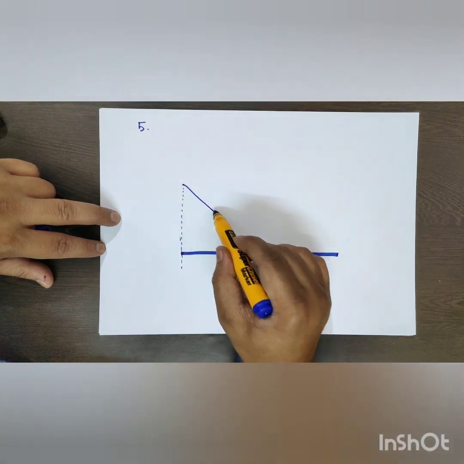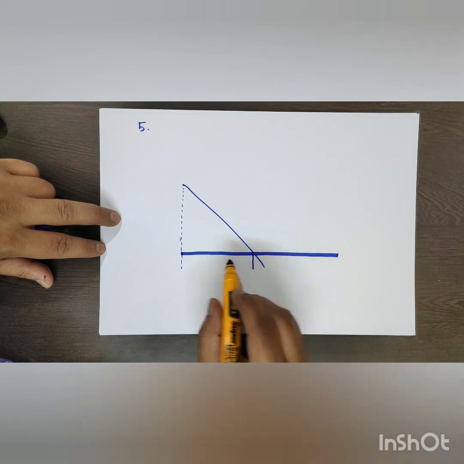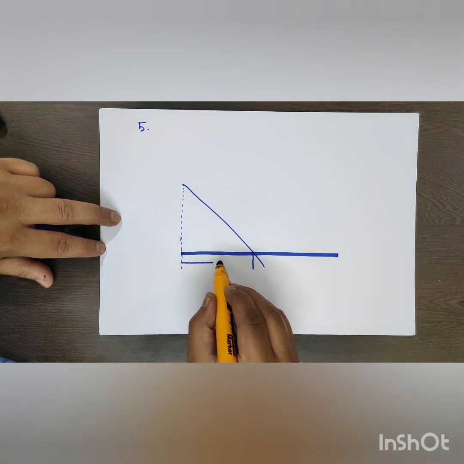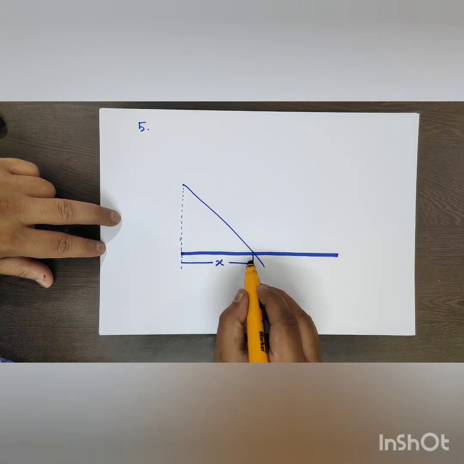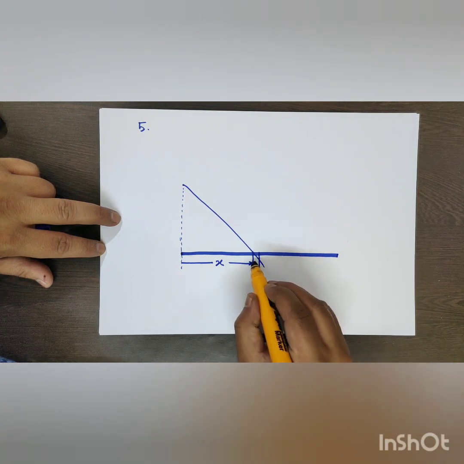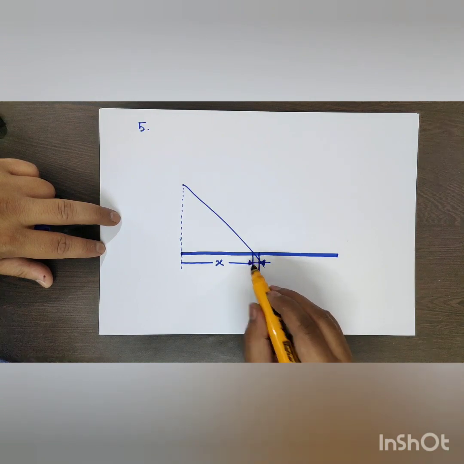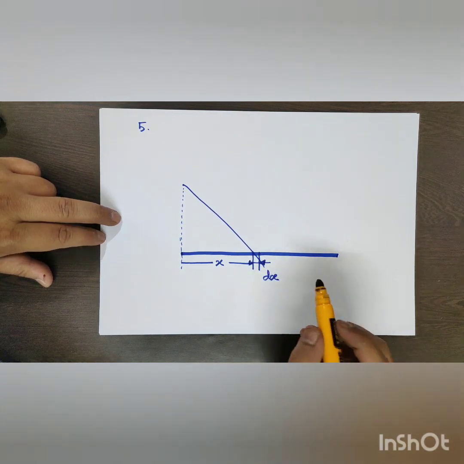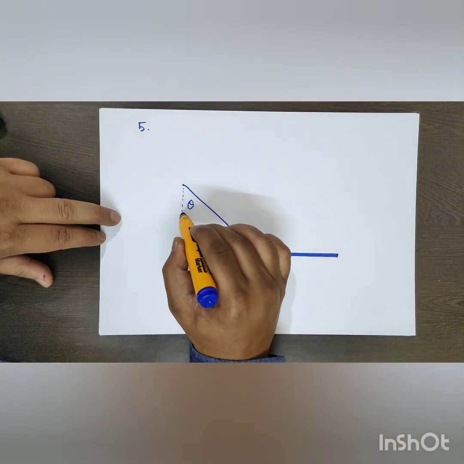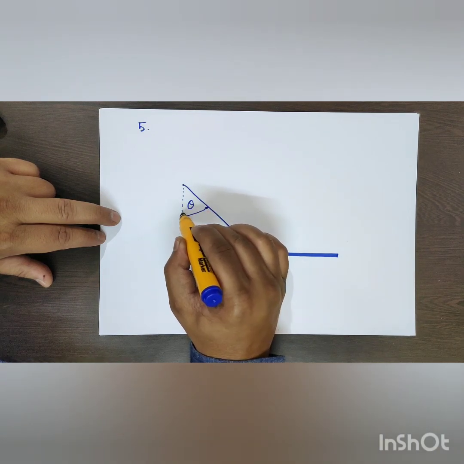Due to the line charge, calculation of field at a point P. So here it is x, and a small length dx. Let's take this angle as theta.